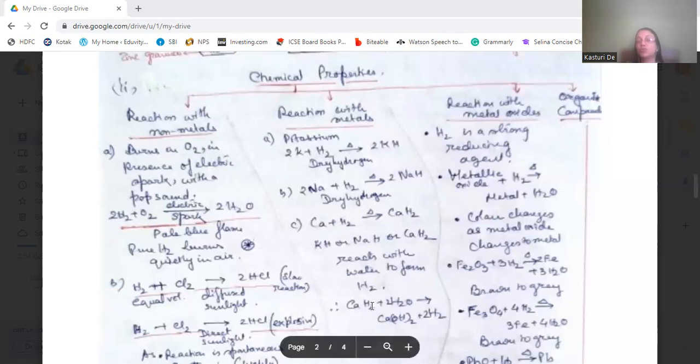And this CaH2, calcium hydride, combines with 2H2O to form calcium hydroxide, and 2H2 is liberated. So hydrogen is given back.